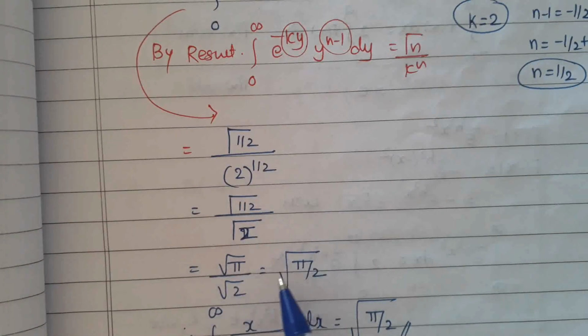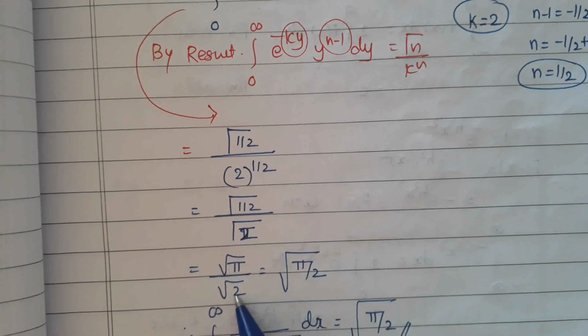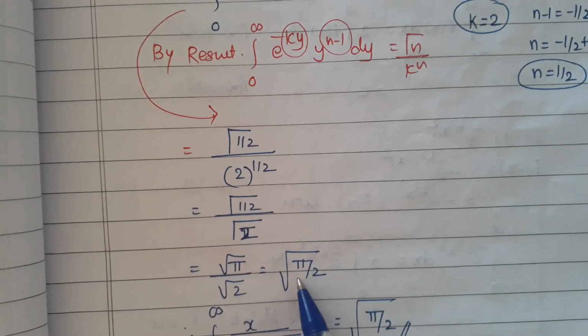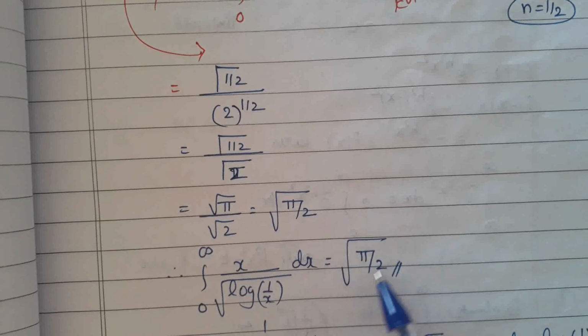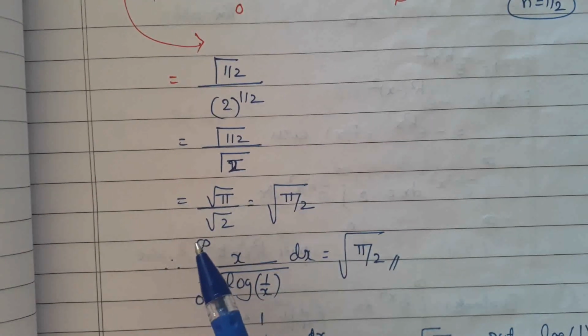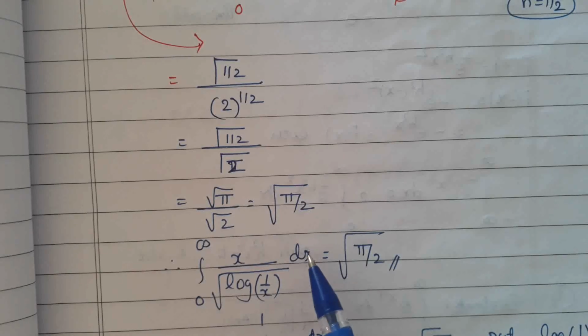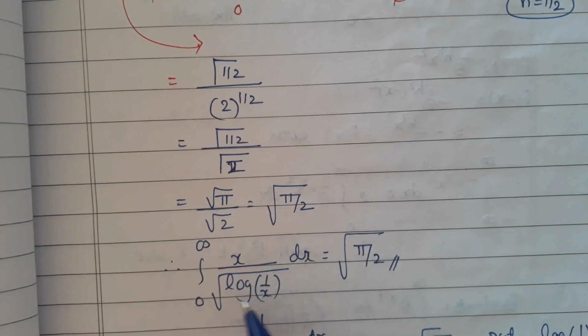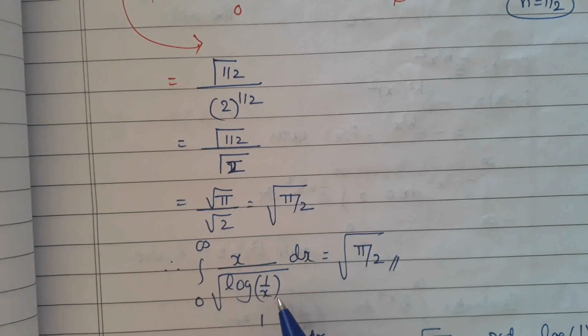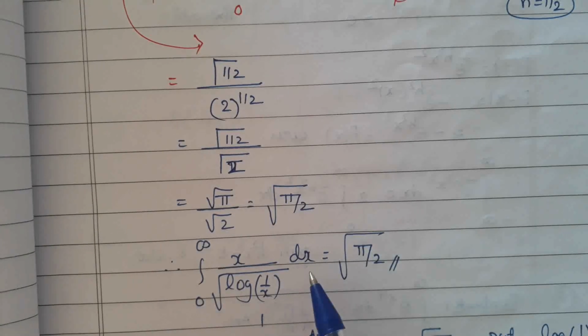Value of gamma 1 by 2 is root pi, so the result is root of pi by 2. This is the value of the integral 0 to infinity x upon root of log of 1 upon x dx, by using the substitution log of 1 upon x is equal to t.